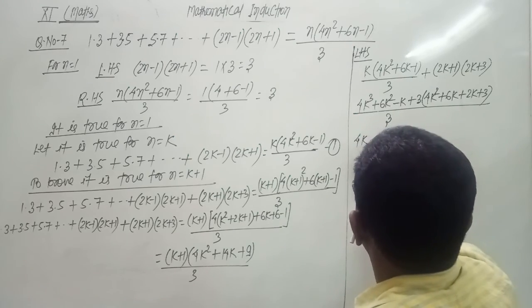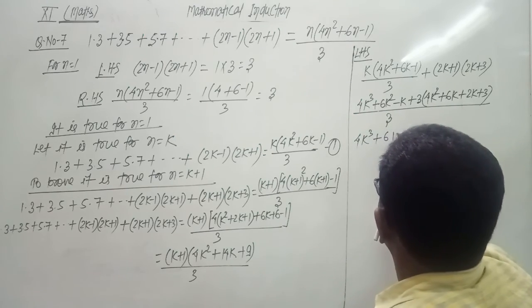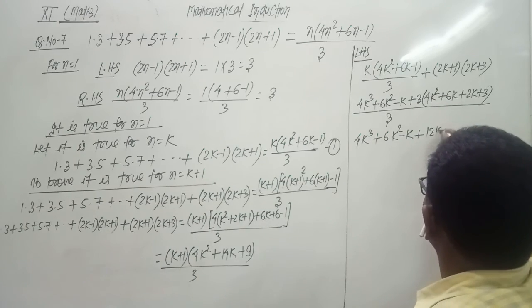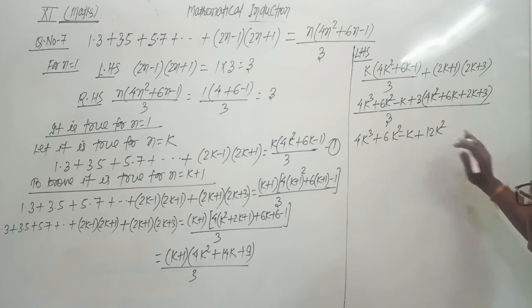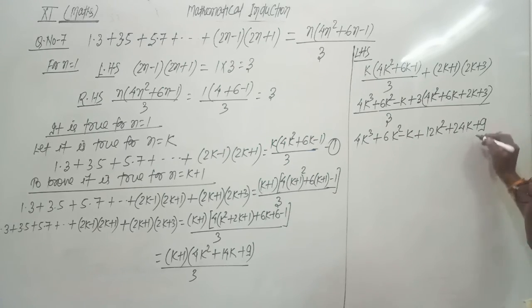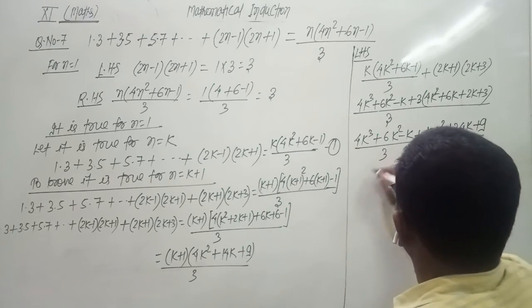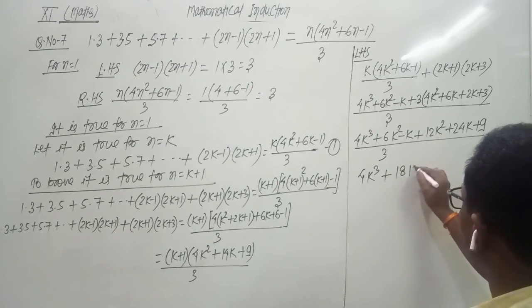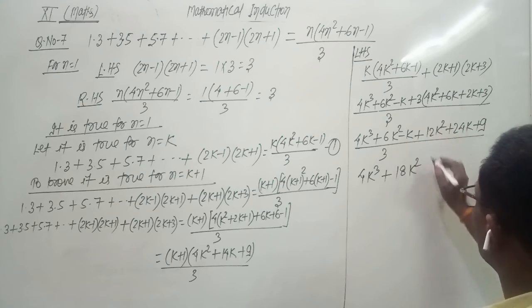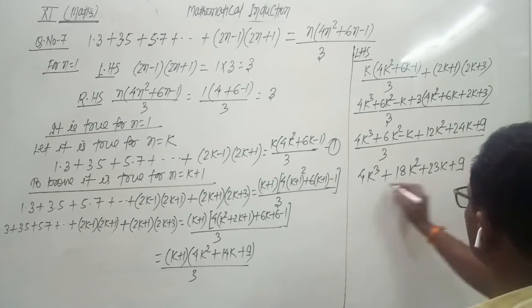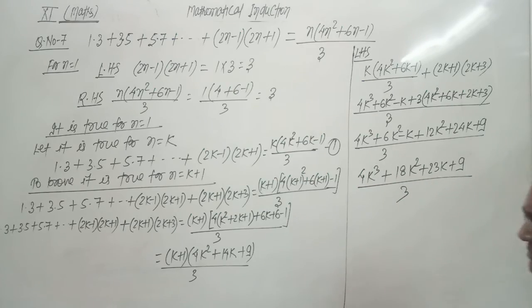So 4k cube plus 6k square minus k plus 3 into 4, 12k square plus 8k into 3, 24k plus 9 upon 3, and it becomes 4k cube plus 6k square plus 12k square, that is 18k square, 24k minus k, 23k and plus 9 upon 3.